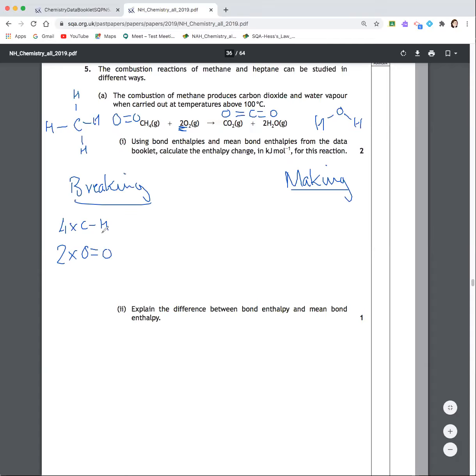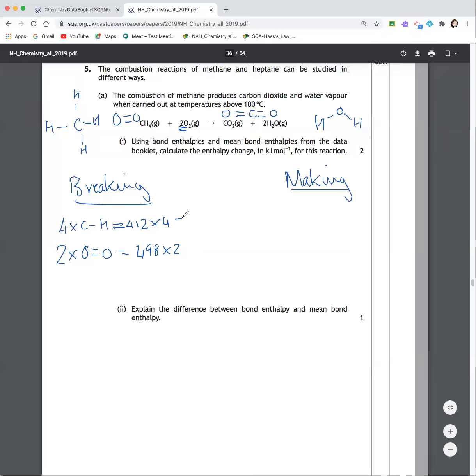So if you look up the bond enthalpy in the data booklet, which are on page 10, then you will find that the carbon-hydrogen bonds are each 412, so you times that by 4. And then for the double bonded oxygen, that would be 498 times 2.